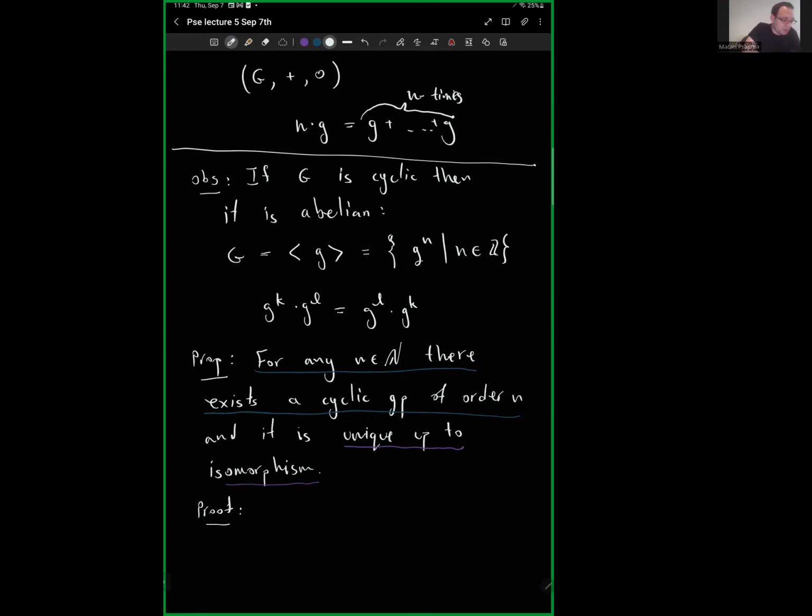You don't need Cauchy here. All you need is a cyclic group of order n for every n. We actually saw a cyclic group of order n. Is it because you can generate a group of order n with like 1? Exactly. Sure. I mean, Z_n is cyclic. I mean, Z_n, for example, is generated by 1.